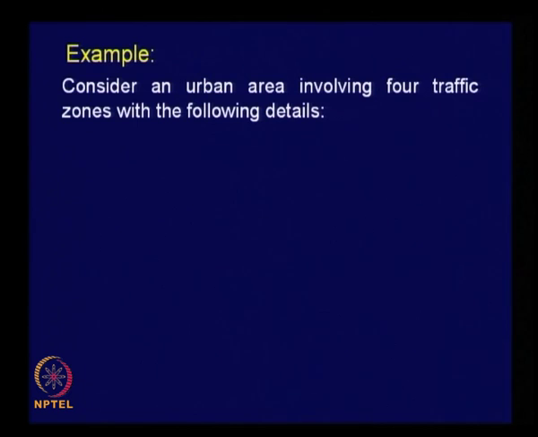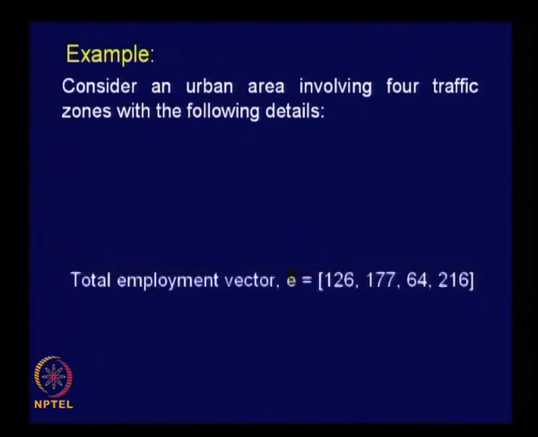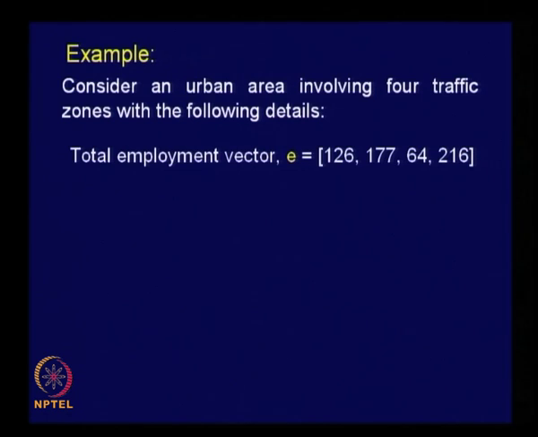Let us consider a simple numerical example involving just 4 traffic zones in an urban area. The following are the details given to us. Total employment vector E is given as 126, 177, 64 and 216. It is simply a row vector of employment details in the 4 traffic zones.